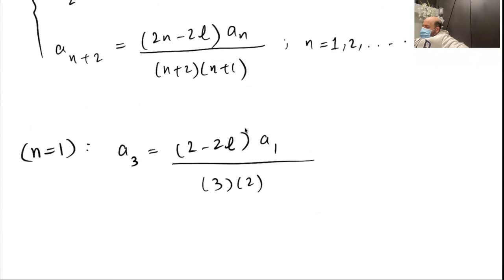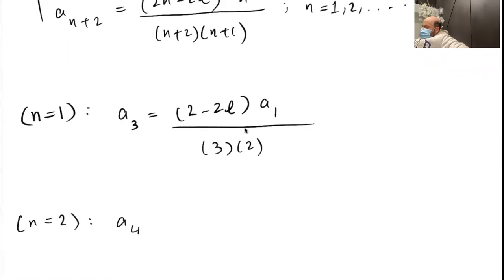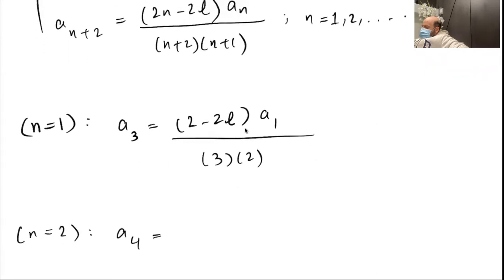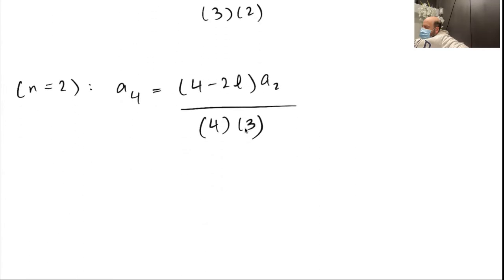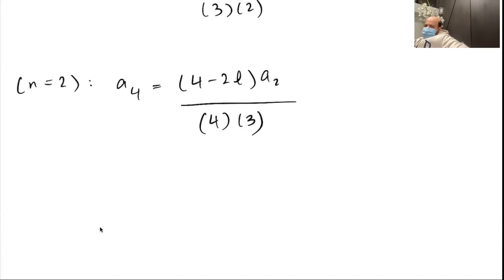If I replace n with 2, then I'll have a4 equals (4 minus 2l) a2 divided by 4 times 3. And similarly, if I replace n with 3, then I'll get a5.